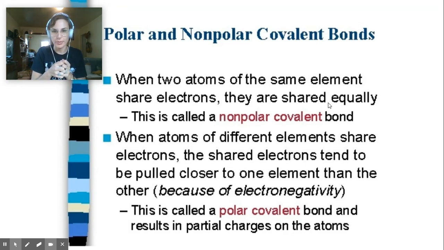But when atoms of different elements share electrons, they don't have a tendency to share them evenly. They have a tendency to pull one closer to the other, and that's based on something called electronegativity. When the electrons are getting pulled closer to one of the atoms versus the other, we call that a polar covalent bond.